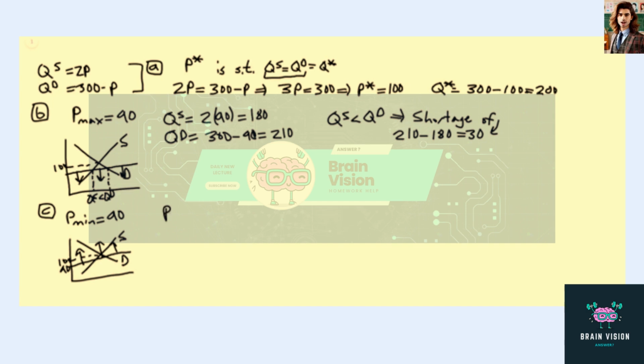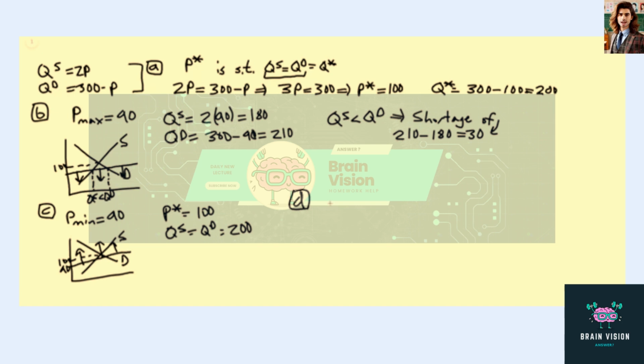So we are just going to arrive at the original price and the original quantity that we solved for in part A. Once again, because equilibrium behavior is not influenced by an ineffective price control.